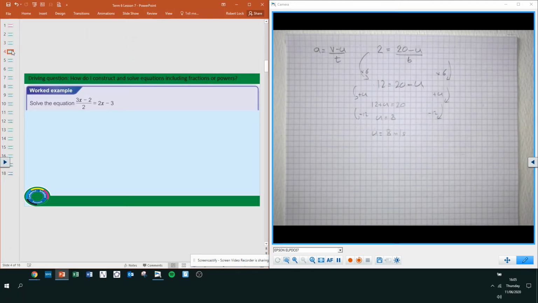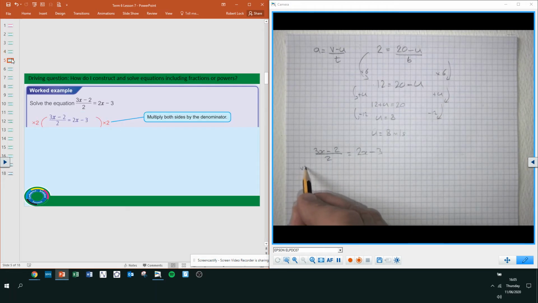Question 4, word example. So we have 3x minus 2 over 2 equals 2x minus 3. Press pause. When you're ready, press play and see if your answer matches mine. Well, what we need to do is get rid of the divide by 2, so we times everything by 2.